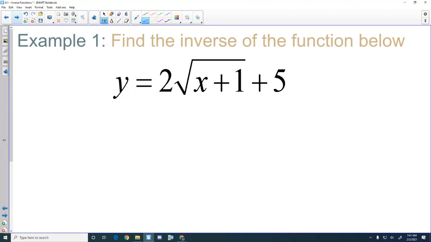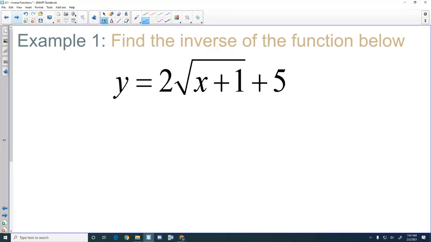All right, so go ahead and try this one on your own, everybody. Find the inverse of this function. So y equals 2 times the square root of x plus 1, and then a plus 5 after the root. So pretty straightforward.